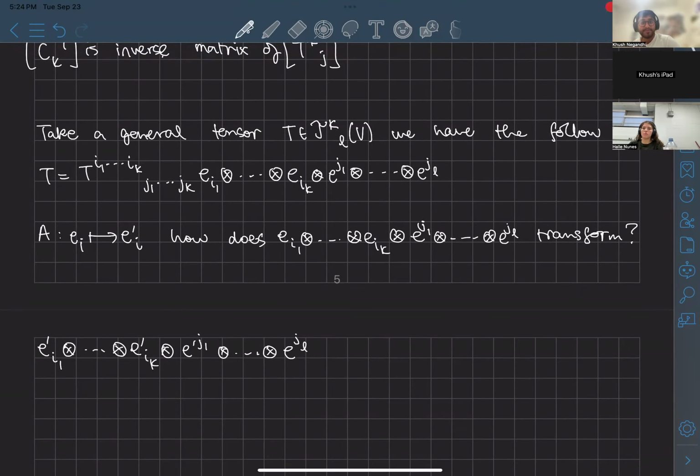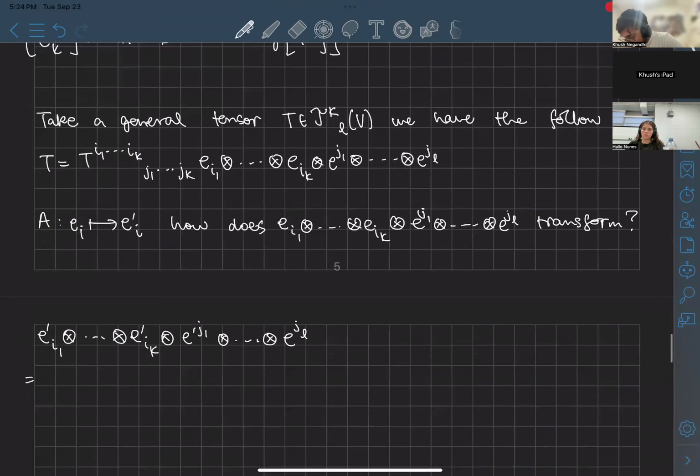This is the same thing as, okay, so I know that e'_{i1} is nothing but A^{m1}_{i1} e_{m1} tensored with up to A^{mk}_{ik} e_{mk} tensored with, and now I know that the dual basis transforms by the dual matrix.